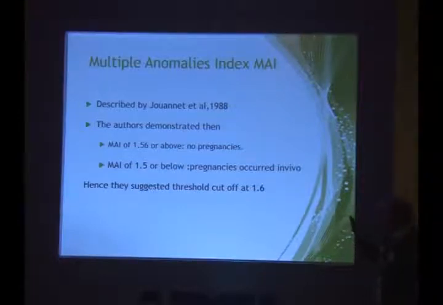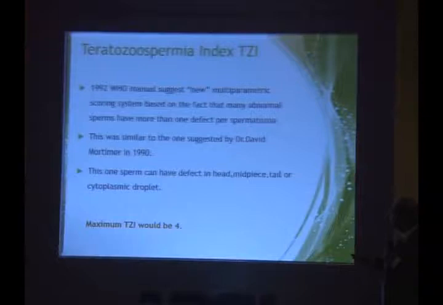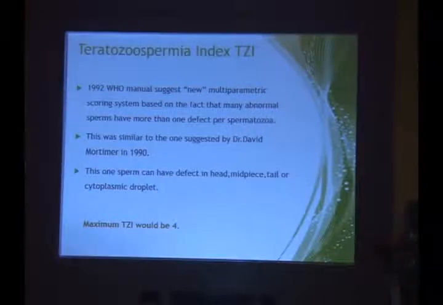It can be 3 in the multiple anomaly index. Essentially the same, a different way of scoring. So WHO in the 92 manual, these people had introduced it in 88. WHO introduces it 4 years later and they just change the label to Teratozoospermia index and add cytoplasmic droplet to abnormality. So the maximum score now shifts as per WHO to 4.